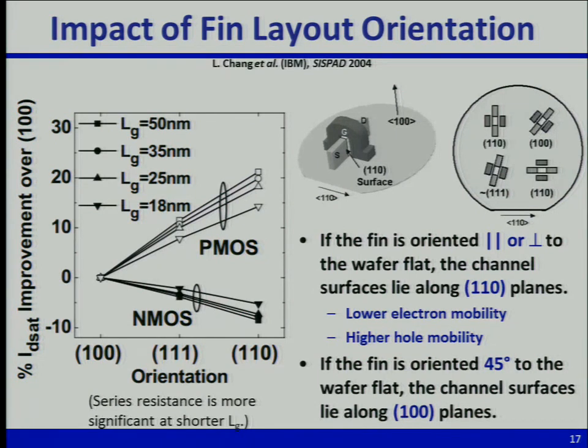So if you use 110 sidewall surfaces for current conduction, you're degrading the N-channel performance, but you're greatly enhancing the P-channel performance. So overall, your CMOS performance actually improves. That's the main reason why the current is more balanced. For exactly the same transistor channel dimensions, the NMOS and PMOS currents are pretty comparable for FinFETs.